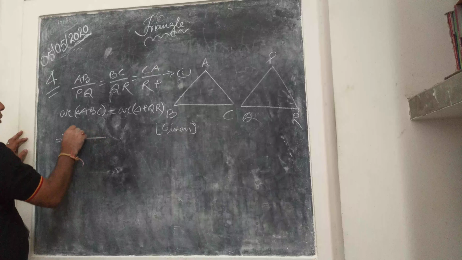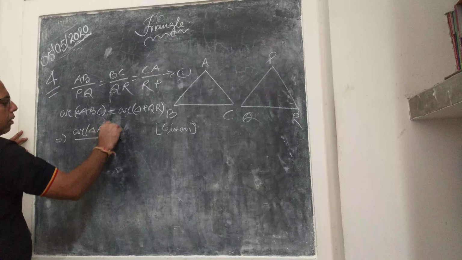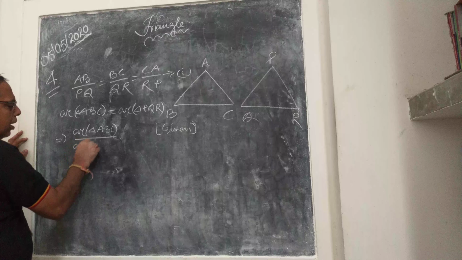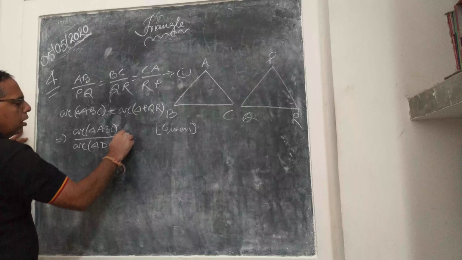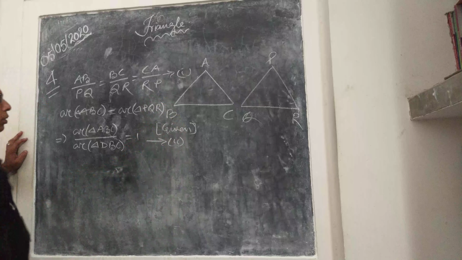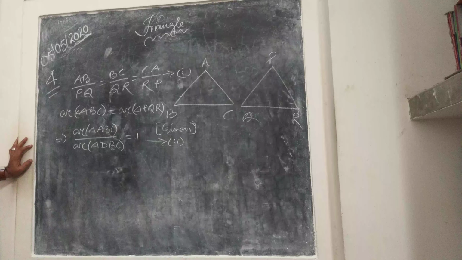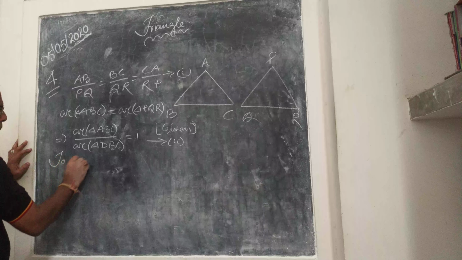This implies area of triangle ABC by area of triangle PQR equal to 1. This is equation number 2. Okay, got it? Now, to prove, what is the proof?